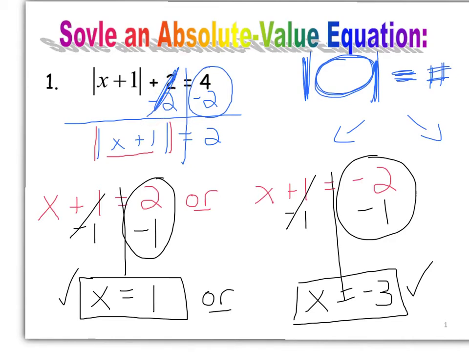Those cancel out. What you're doing is you're turning this equation into this equation, and so you're changing it into the form of equation that we've been practicing today in class, and so then you can set up one equation here, one equation here, and then you find your two solutions.